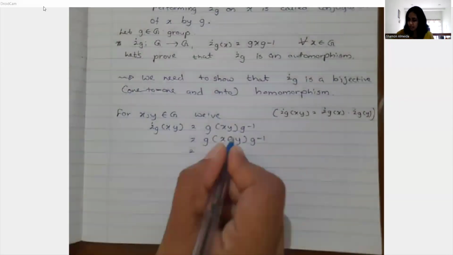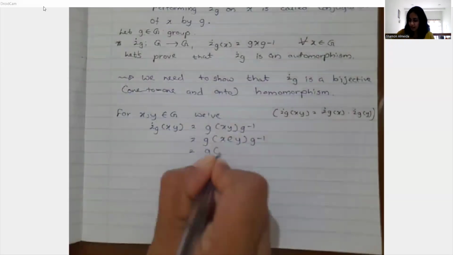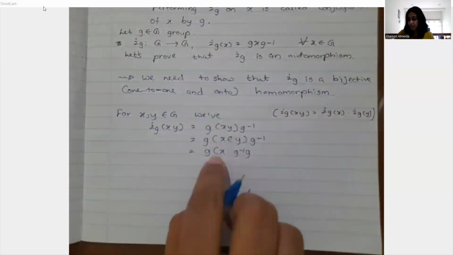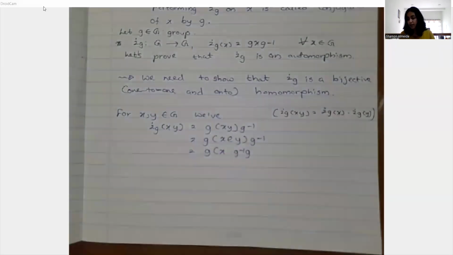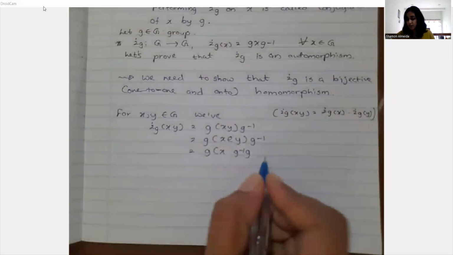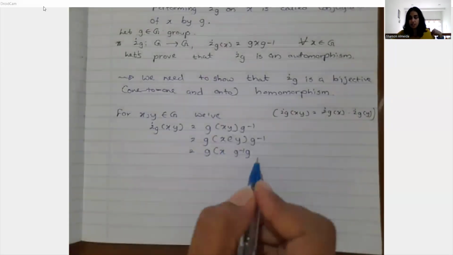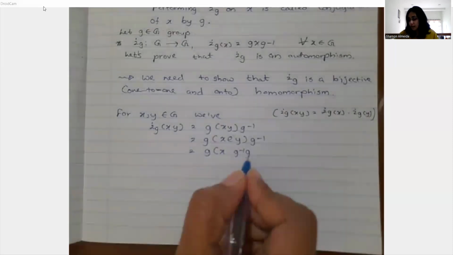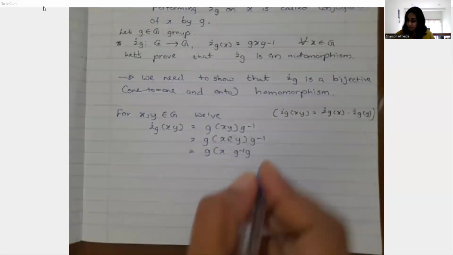Now this identity I will replace by G inverse G, because with x we want on its right to have G inverse. When it comes to y, we want G to be on its left, right? So I will replace E by G inverse G, which we can do. All this is coming from the definition of an inverse.